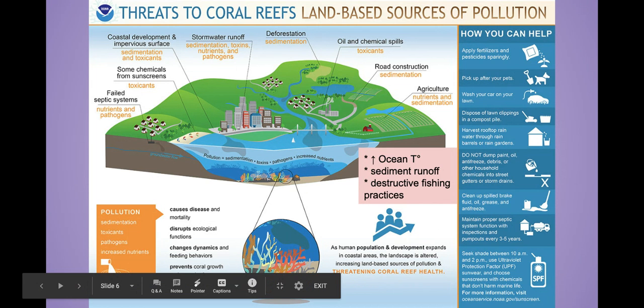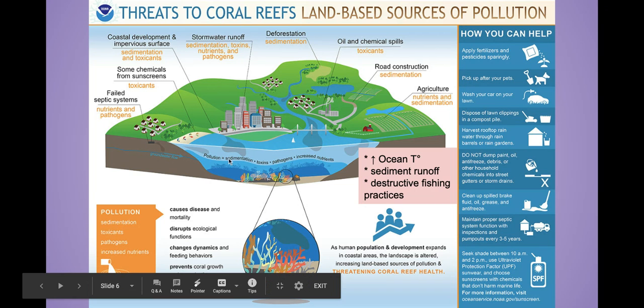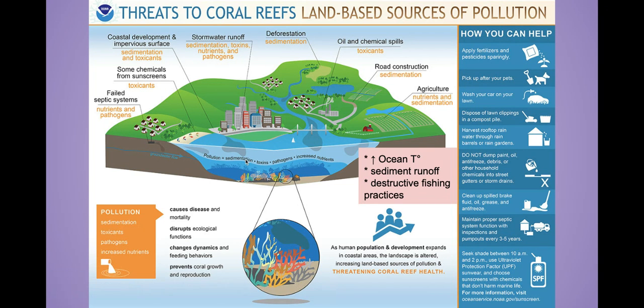One of the main factors, as you can see here, is pollution, which involves sedimentation, toxins, pathogens, and increased nutrients. All of these contribute to increased sedimentation, toxins, pathogens, and nutrients, which affects our coral reef communities. Also, we know that ocean water has increased in temperature, which affects our coral reefs.